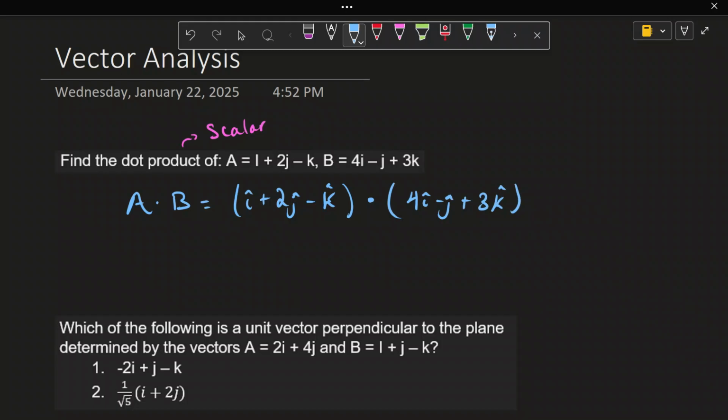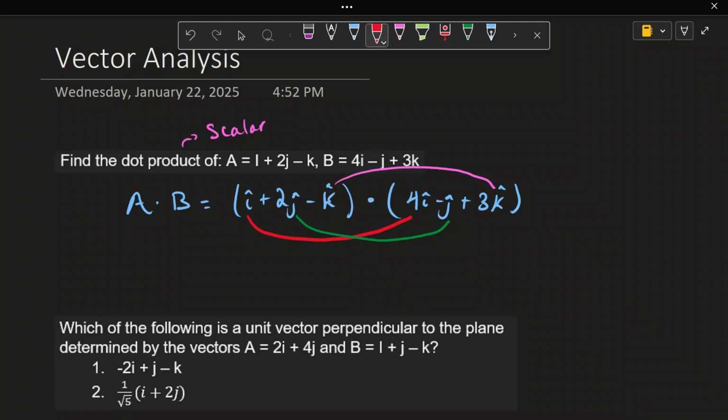Now, these I, J, and K hats are your unit vectors, or the direction that these magnitudes are going in. For dot product, we multiply the like unit vectors, meaning I's will be multiplied to I's, J's to J's, and finally K's to K's. You do not mix them.